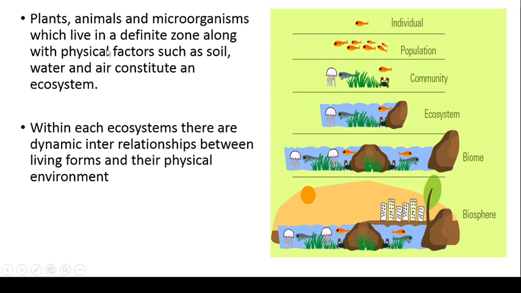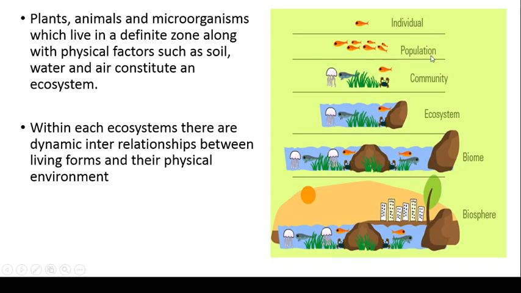Plants, animals and microorganisms that live in different zones, along with physical factors such as soil, water and air, constitute an ecosystem, and this ecosystem shows different relationships among living organisms. One is the individual, then comes the population.